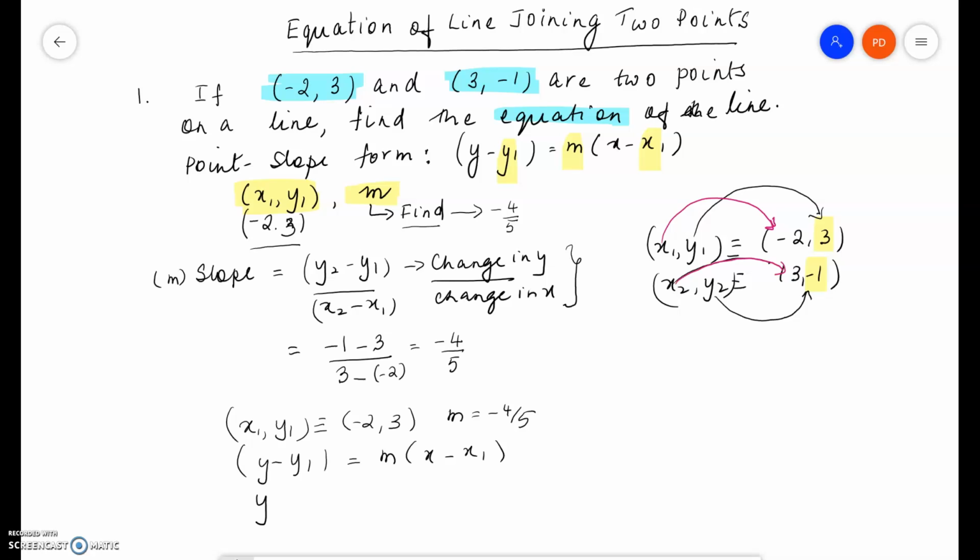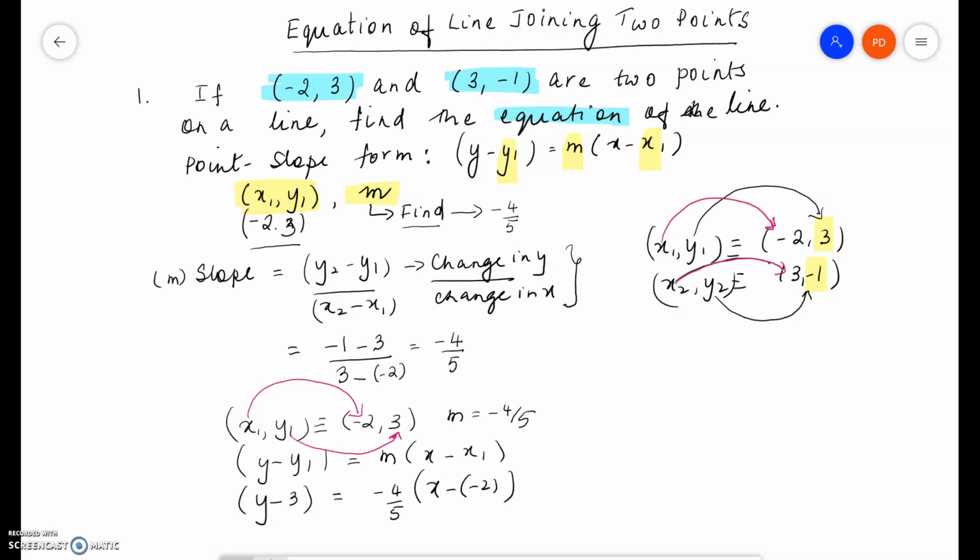So that's y minus y1 equals m times x minus x1. Remember that x1 is -2, y1 is 3.